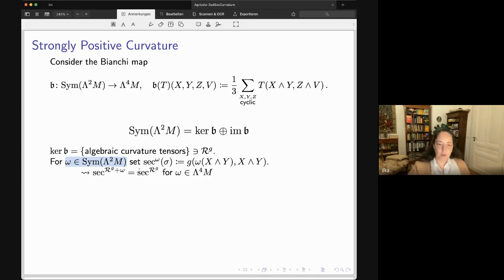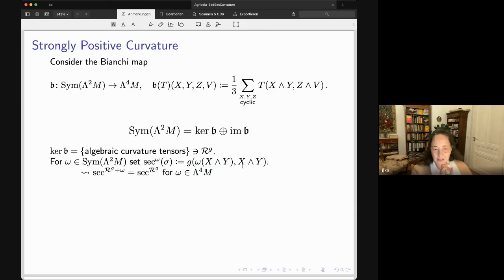For this endomorphism, the omega sectional curvature is just defined by the normal expression we have, namely our metric evaluated at omega(x wedge y), comma x wedge y, where the plane sigma is spanned by the two independent vectors x and y precisely.